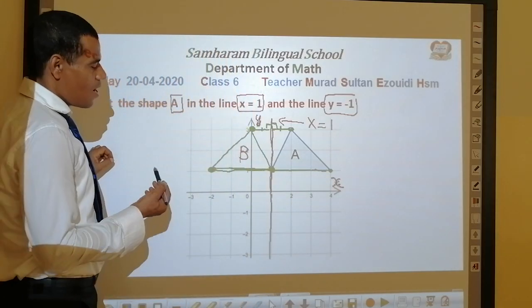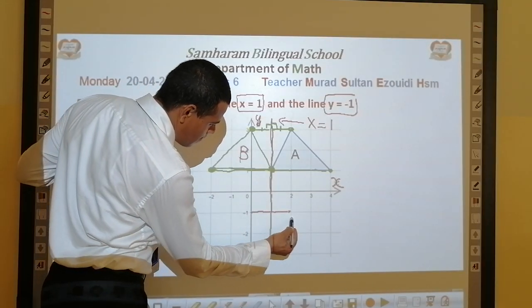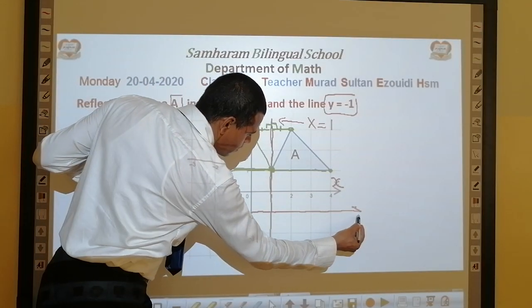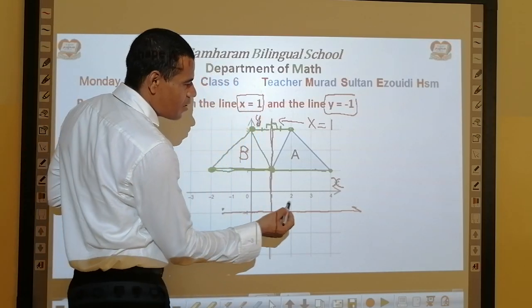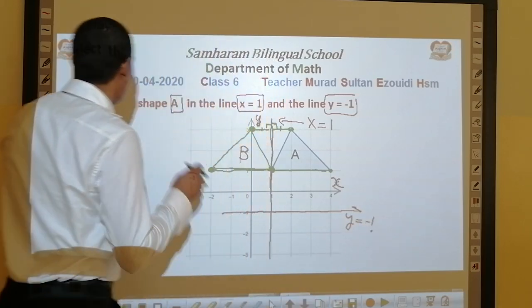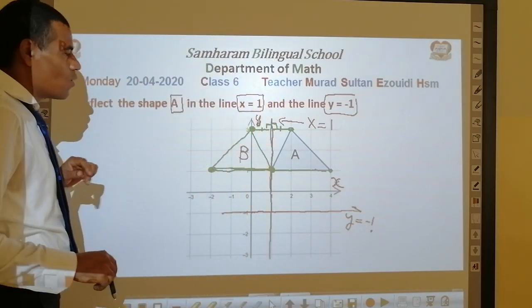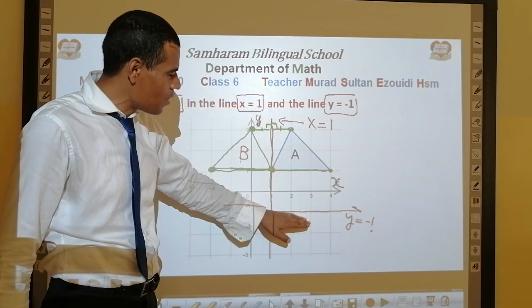What is, my kids, y equal -1? This one is y equal negative 1.